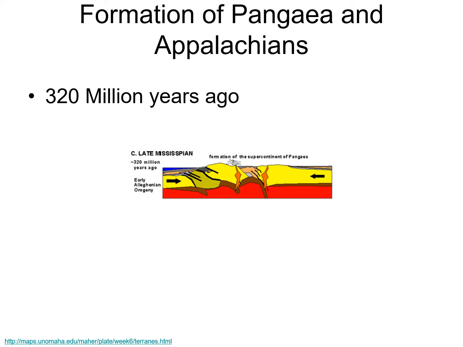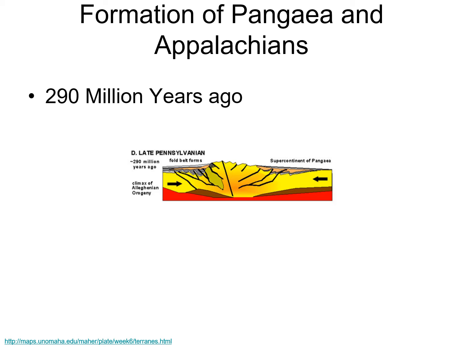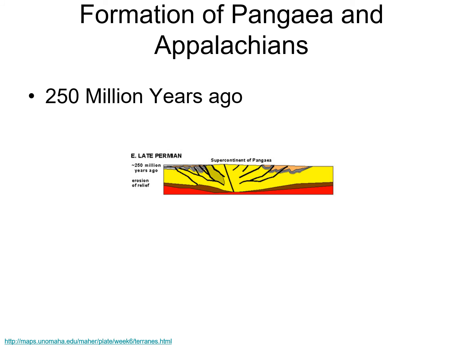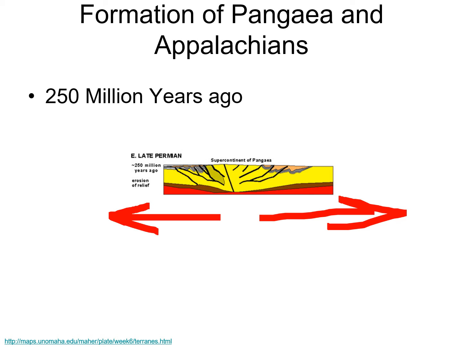So there we have the Appalachians starting to form as Pangaea is formed. And then things kind of fizzle out and eventually they rift apart later. There we have the collision stopping, things starting to rest, and then a few million years later, things start to get stretched out the other way.